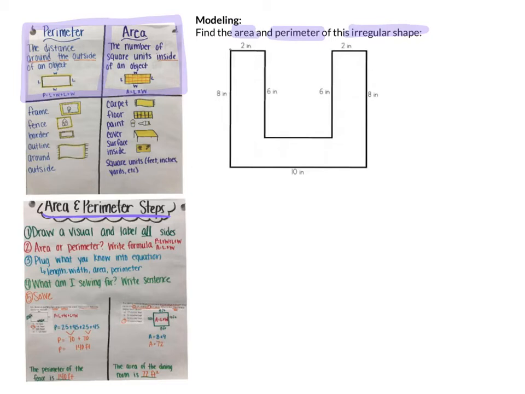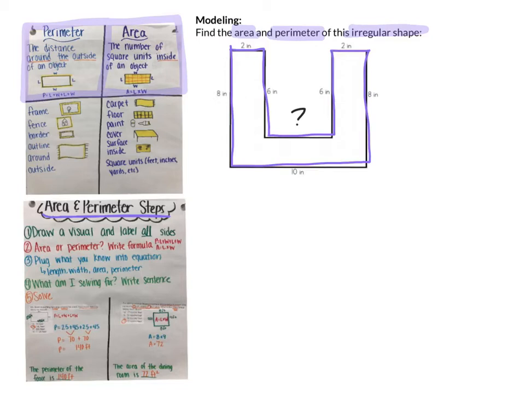So we can count 1, 2, 3, 4, 5, 6, 7, 8 sides, and we have 1, 2, 3, 4, 5, 6, 7 sides labeled. So we are missing this side length here, so I'll put a question mark, and we can use the side lengths around it to help us solve for the missing piece.